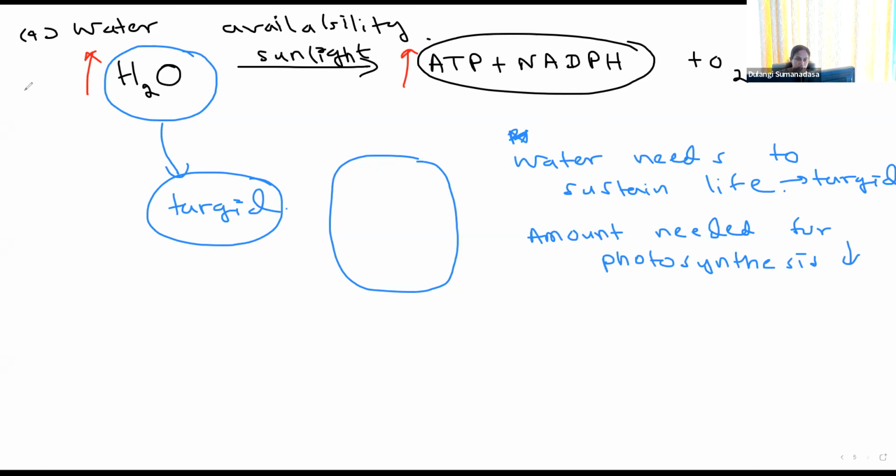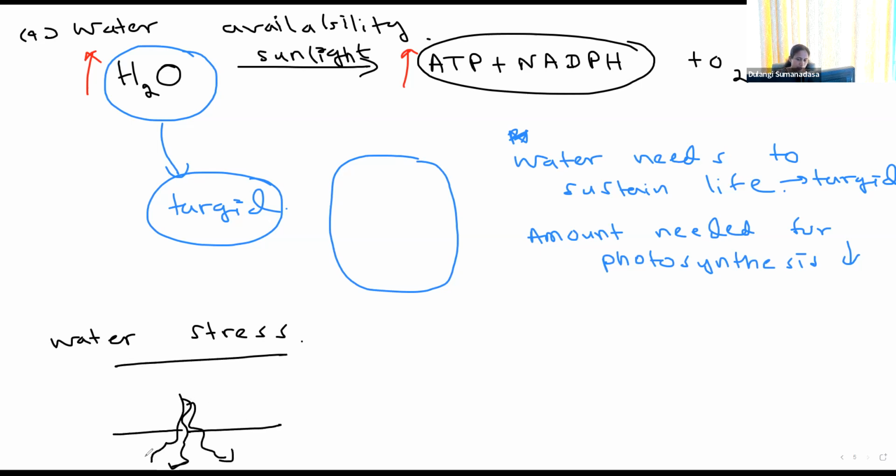But you can think about the indirect effect of water. If the transpiration, the water evaporation, is very high, or the water is not available, that means lots and lots of water is evaporating through the stomata. Because of this, the stomata will close.